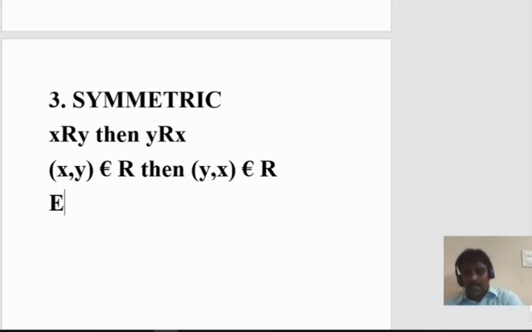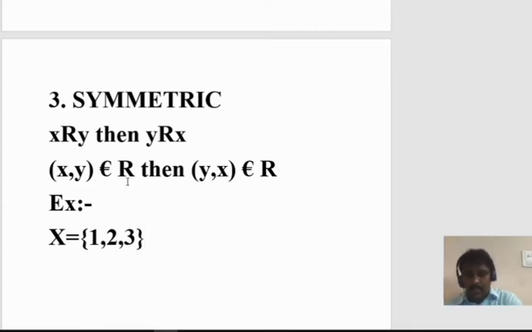Now we take an example. Suppose x equals the set {1, 2, 3}.